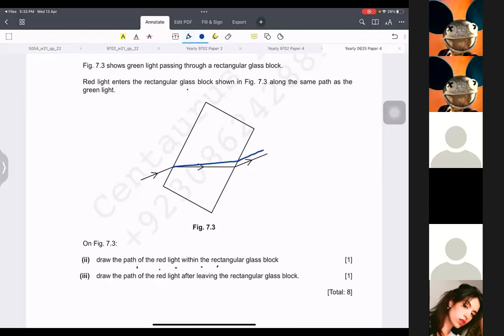That's fine. It should refract less, and when it comes out, they will have the same speed, so they'll go together. I think it should be this. Okay, then everybody understands this? Any question? This is green, this is red. Let me know.